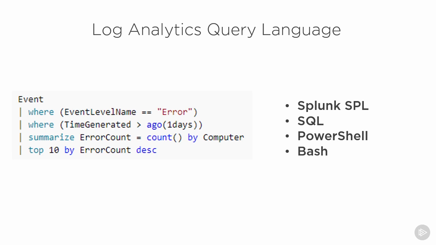Specifically, the Kusto Query Language is a mashup of the Splunk search processing language. If you're familiar with the Splunk monitor, we'll look at Splunk in the next module, actually. Of course, there's structured query language, or if you're using Microsoft's variant, Transact-SQL for SQL Server. You have PowerShell itself, and even Bash scripting, especially the use of the pipeline.